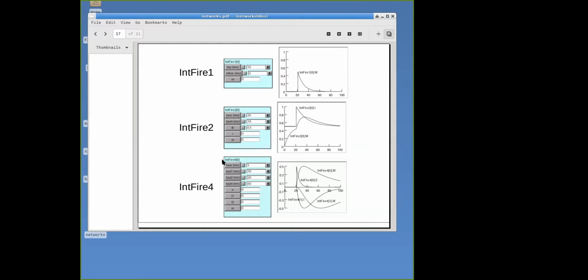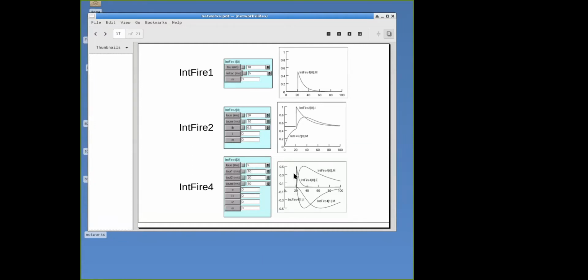All right. So what about IntFire4? With IntFire4, you can set IB to a value above 1, in which case the cell will fire tonically, and then you can inhibit it with negative weights, or make it fire faster with positive weights. IntFire4 pretends to be a cell that actually has 2 synaptic currents.